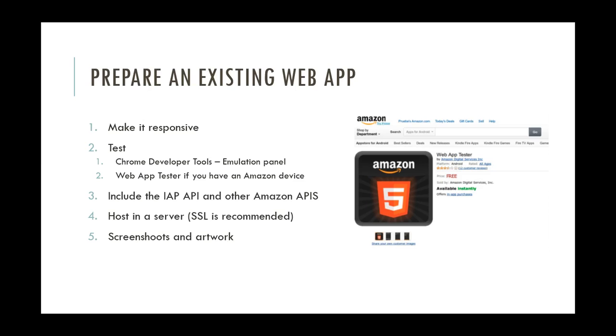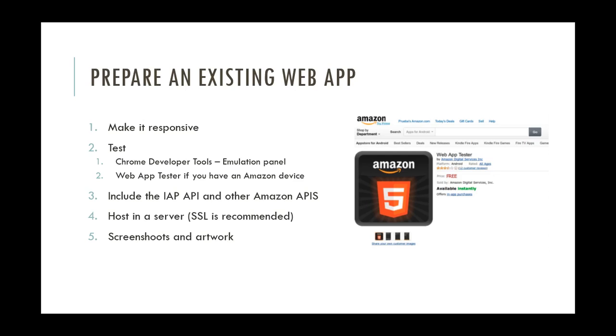What do you need to do if you want to prepare an existing web app for the Amazon App Store? First of all, make sure it's responsive and works well on the screen resolutions of the devices you'll be targeting. Most HTML5 game frameworks take care of this aspect for you.